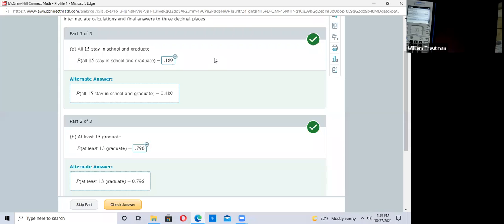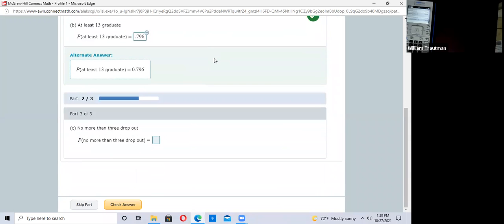It's really important to be able to write this down. Once again, there's 15, 0, 1, 2, 3, 4, 5, 6, 7, 8, 9, 10, 11, 12, 13, 14, and 15. And it says no more than 3 drop out.